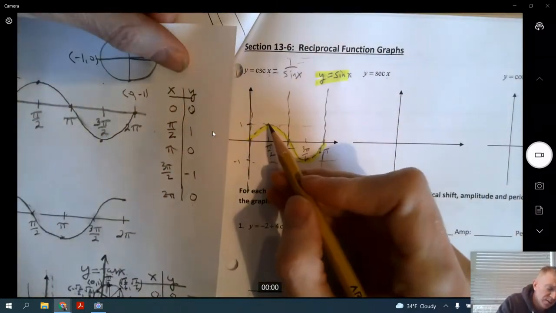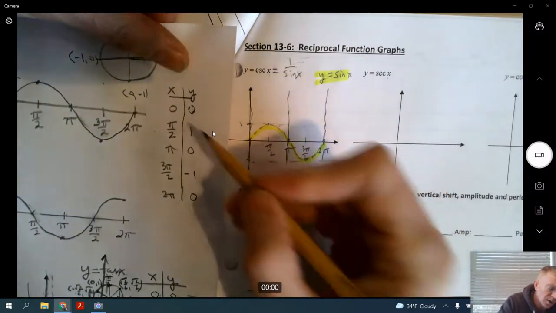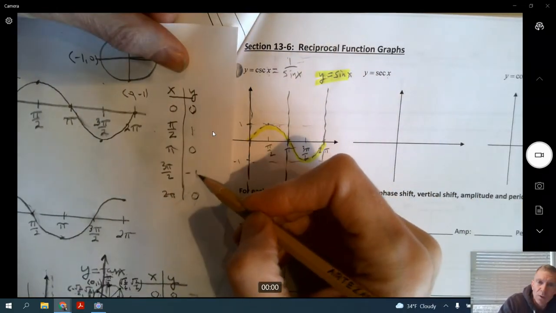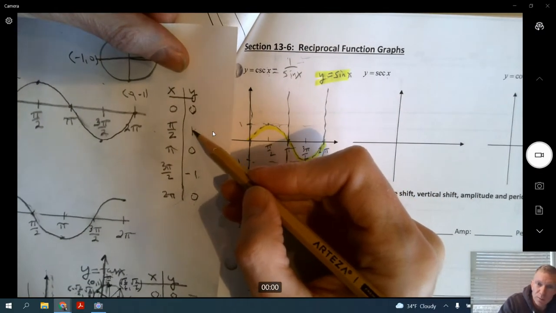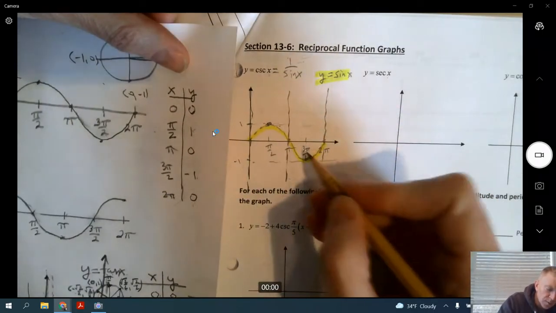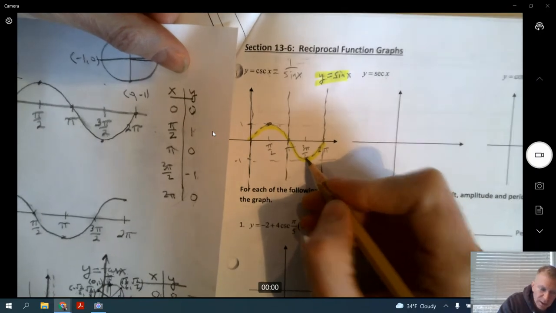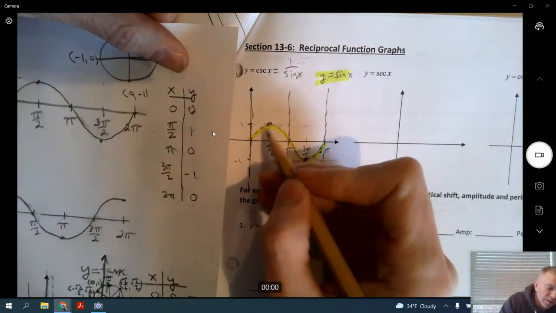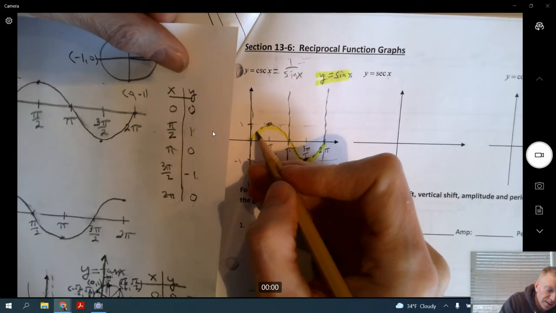Now at these values where your y value is 1, which is here, or where your y value is -1, which is here, we're going to take the reciprocal. The reciprocal of 1 is 1 over 1, which is still 1. The reciprocal of -1 is 1 over -1, which is still -1. However, think about a value over here where your y value is 1/2.